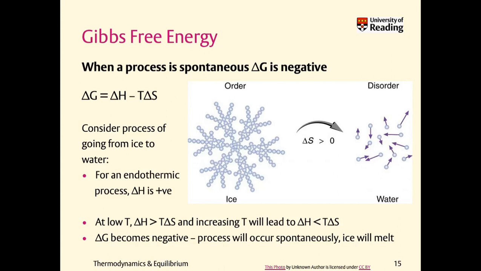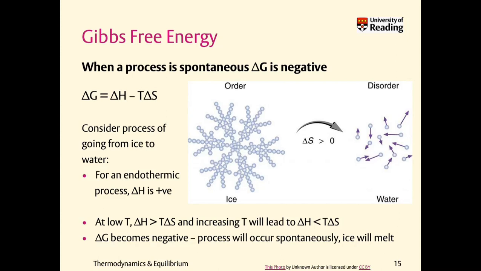Consider the process of going from ice to water or even water to steam. Disorder of a material depends on temperature. And as we know, this would be an entropically favourable process. But we know that ice doesn't melt until it reaches 0 degrees Celsius. The melting process is endothermic in that it takes heat from the environment.